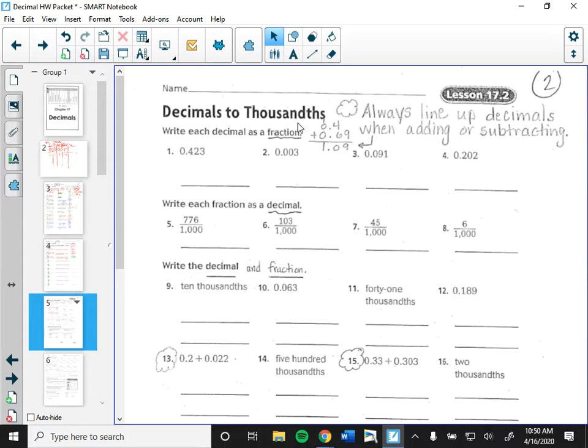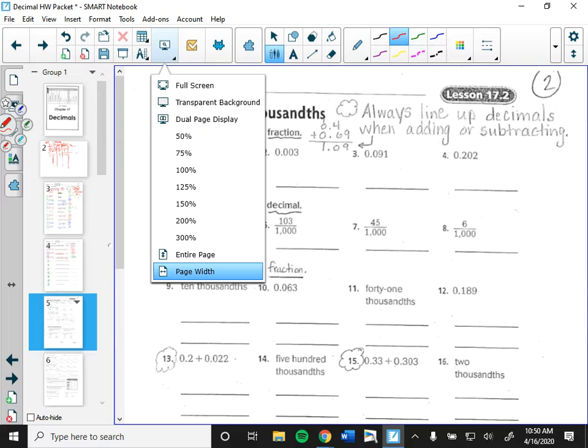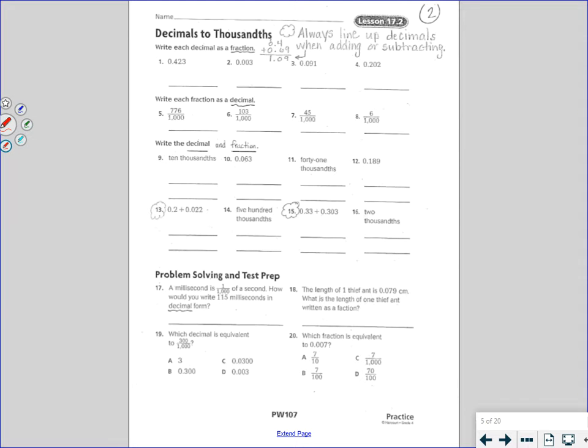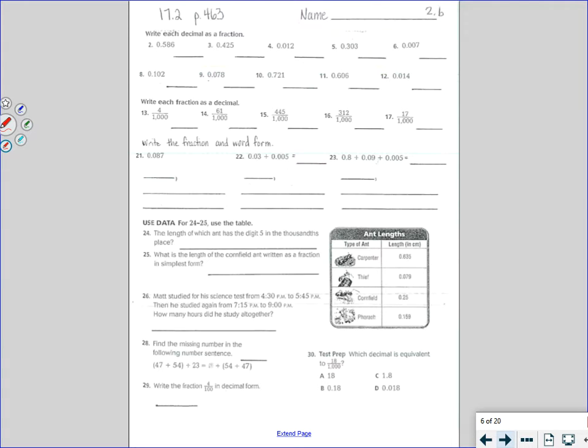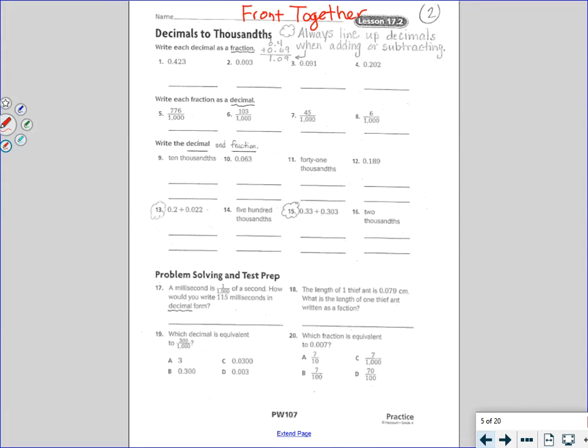We'll do the front side together, and then the back side will be extra practice.